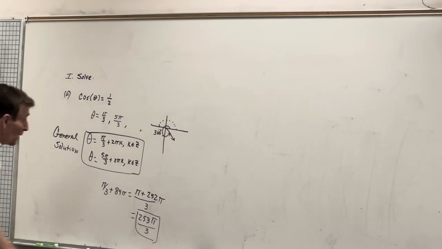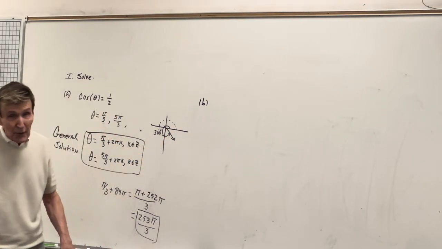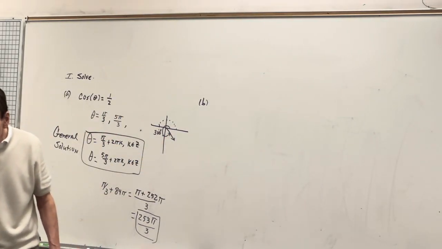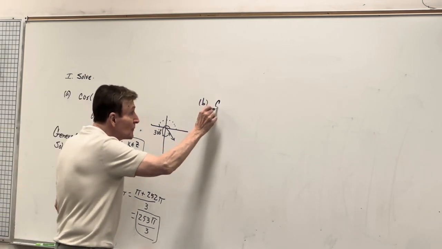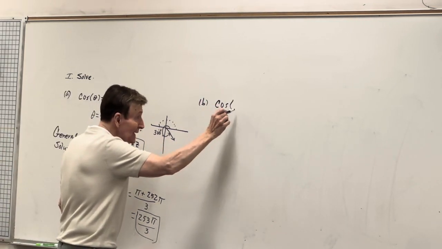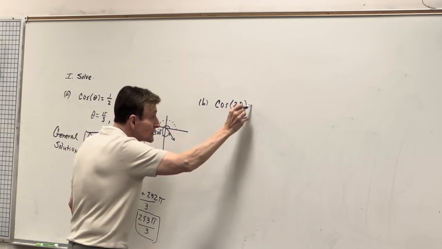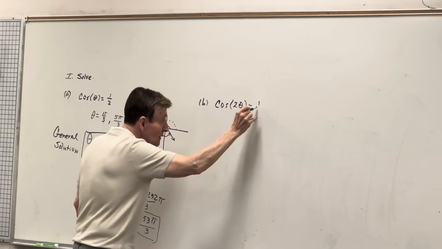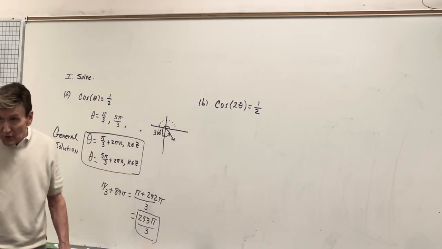Now, I'm going to move to something else here shortly, but tell me, is there another equation to be solved? What does it say? Cosine of delta equals 1/2. And there are restrictions.